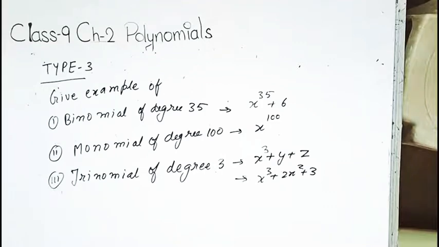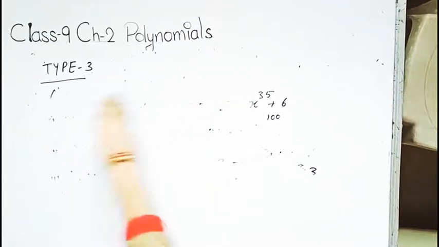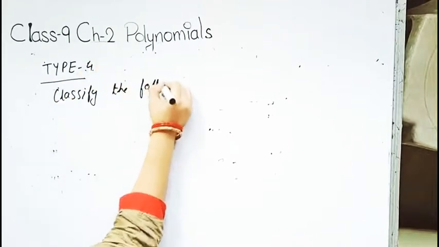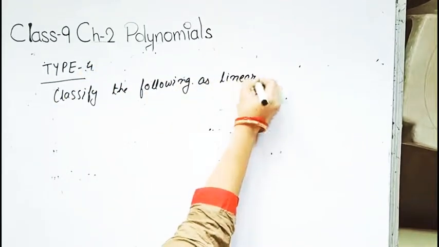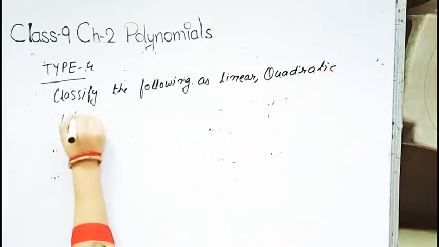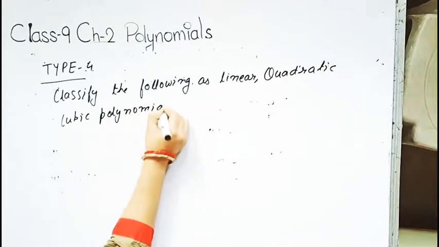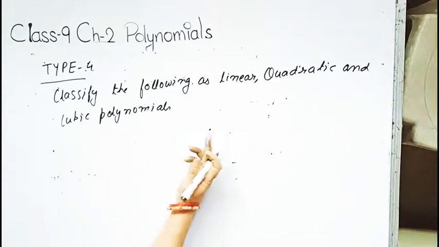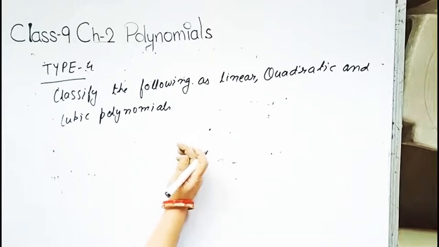Now the next type is to determine whether the given polynomial is linear, quadratic, cubic, etc. So the type 4 question is classify the following as linear, quadratic and cubic polynomial.